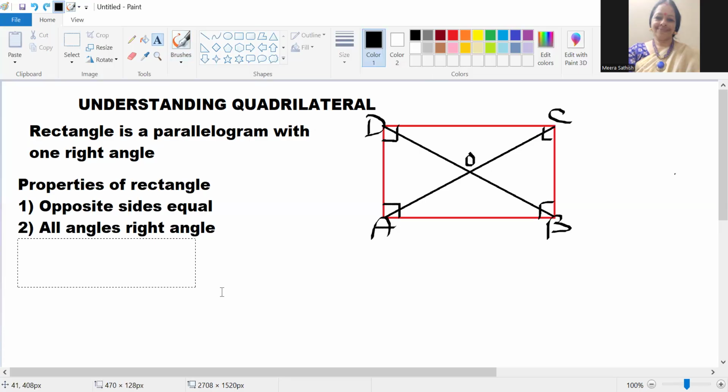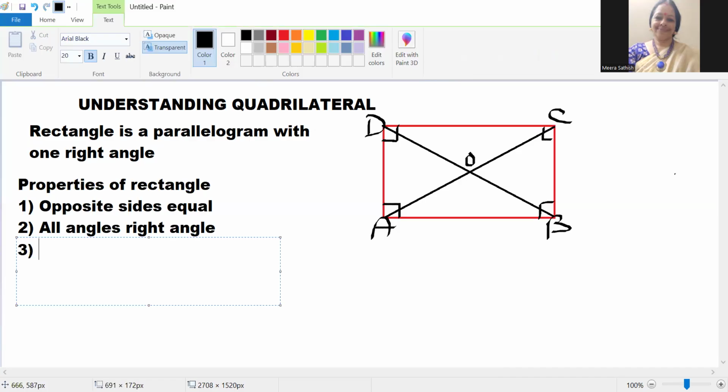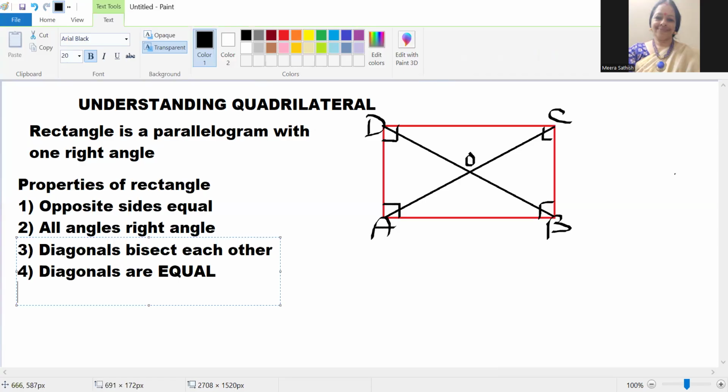So what we can say? Diagonals bisect each other. Then diagonals are equal, that is AC equal to BD. So what will happen?